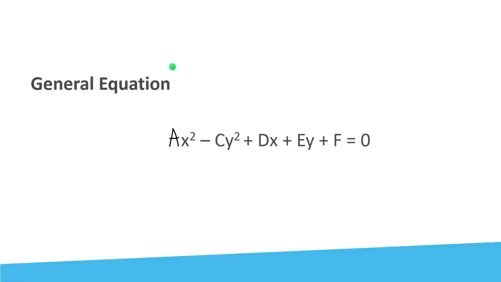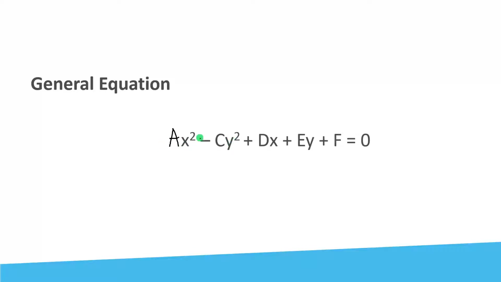Now, the general equation is Ax squared minus Cy squared plus Dx plus Ey plus F equals 0. So the general equation of a hyperbola is somewhat similar to the ellipse, but the only difference is that we have a negative or different signs for the terms of x squared and y squared.